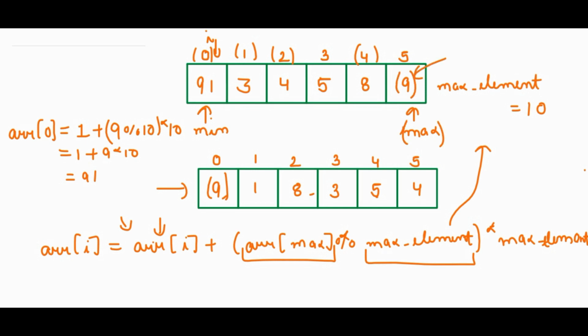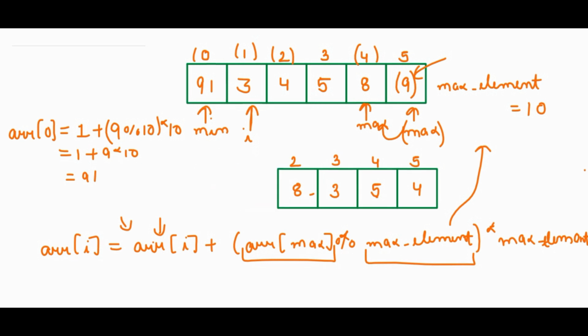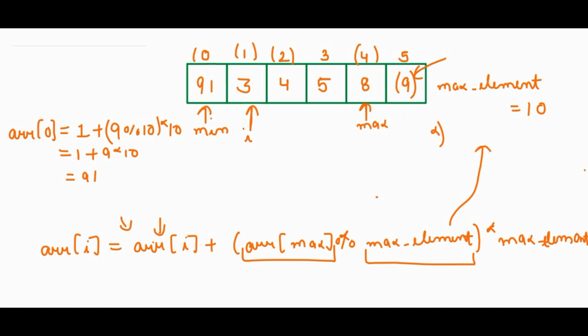Now we will decrease our pointer, and our max will point to 8 now, and our I will also move forward. Our I will point to, let's say, 3 now. Let's remove this output array for now, so that we have more space. Okay, now this is the situation, and we will put 91 on the 0th position.